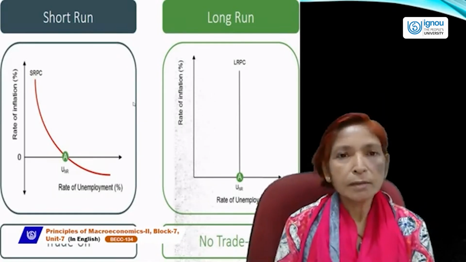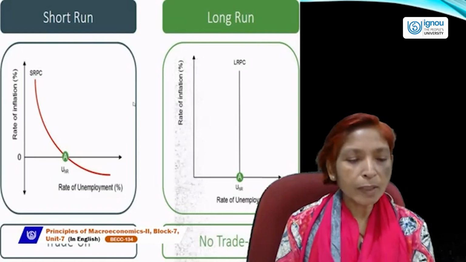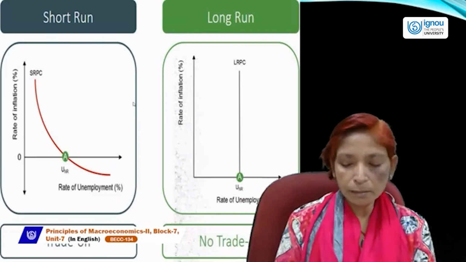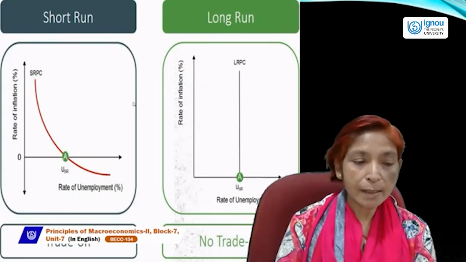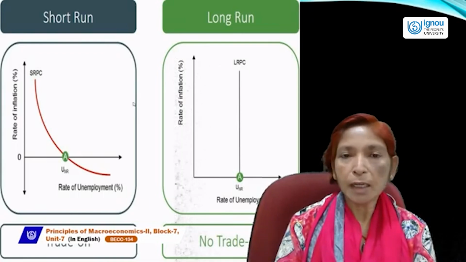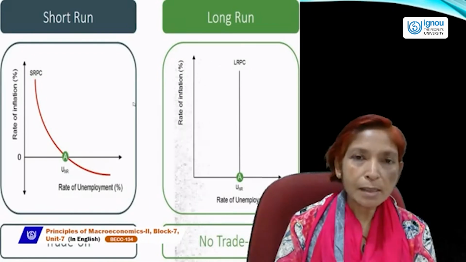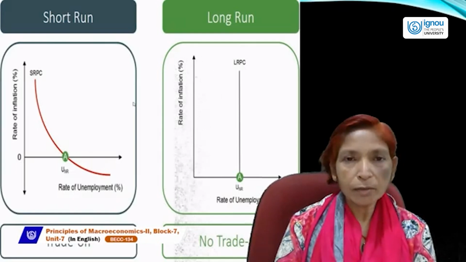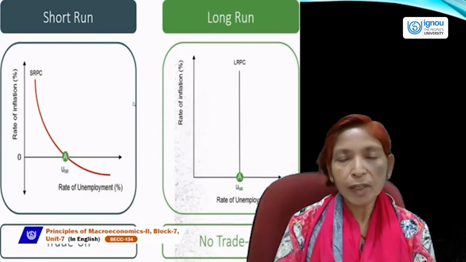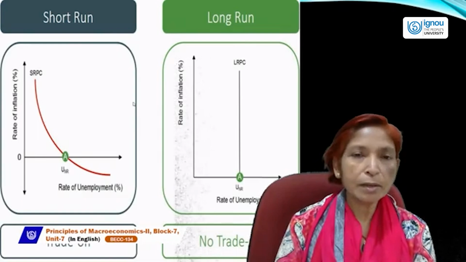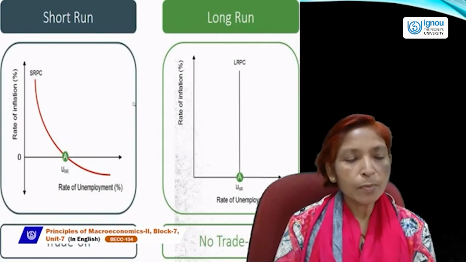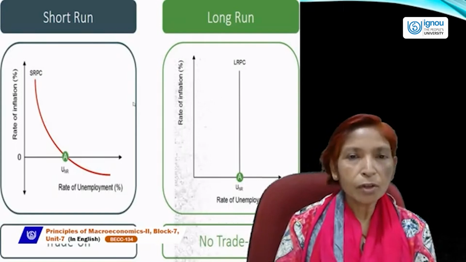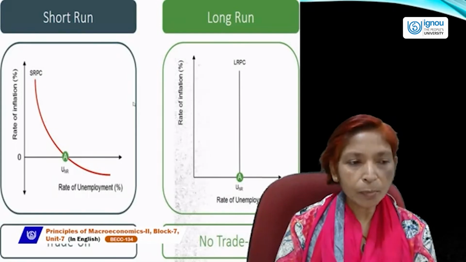The short-run Phillips curve is always a downward sloping curve from left to right. On the x-axis is always the rate of unemployment and on the y-axis the rate of inflation, while drawing this Phillips curve, whether short run or long run. The short run Phillips curve at point A is downward sloping.